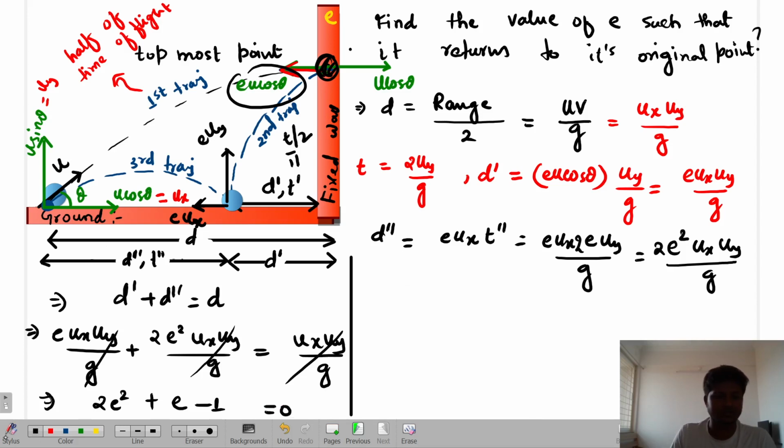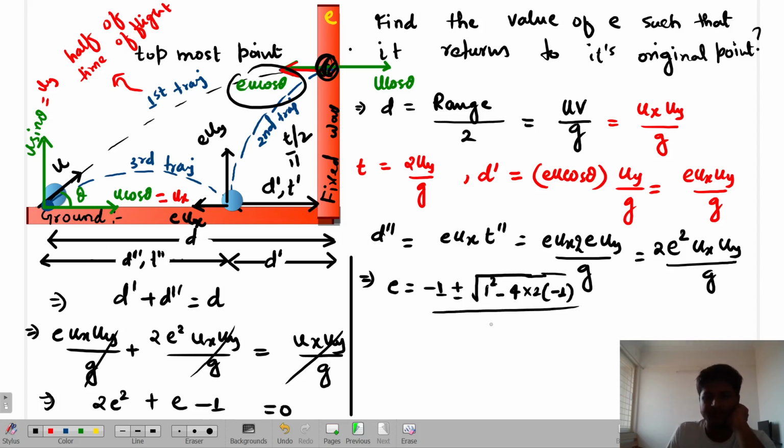So to solve this, simply I can write e is equal to minus b, which is minus 1, plus or minus root under b square, which is 1 square, minus 4ac, which is 4 into 2 into minus 1 because c is minus 1, divided by twice a, which is 2 into 2, that is 4.